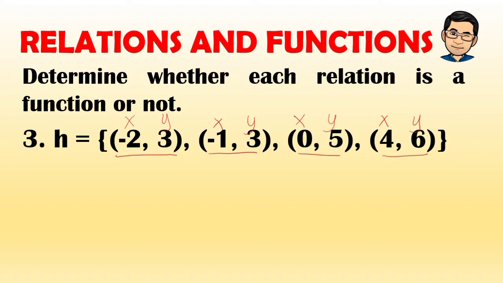Is it a function or not? So, kung titignan natin, i-analyze natin, meron lang tayong magkakaibang mga x values. Although, meron tayong y values na magkapareho, which is 3. So, kahit na magdoble, magtriple pa yung mga y values natin, it doesn't matter. Kasi ang tinitignan natin dito is yung x values. So therefore, this is a function.